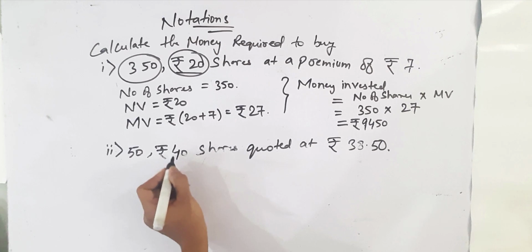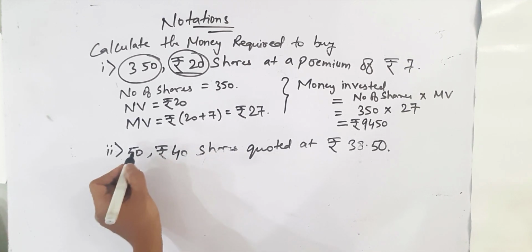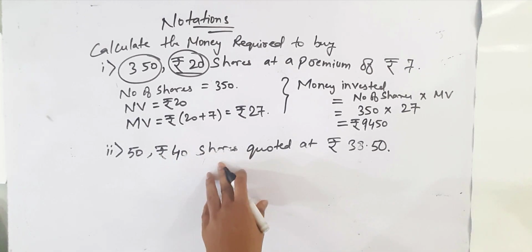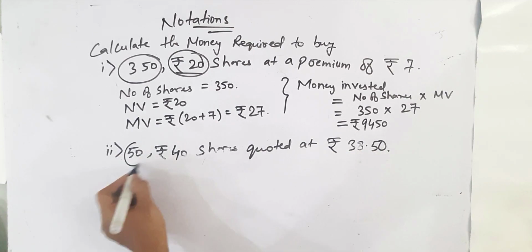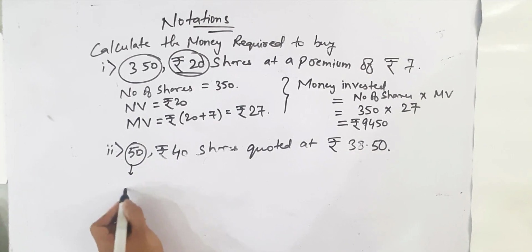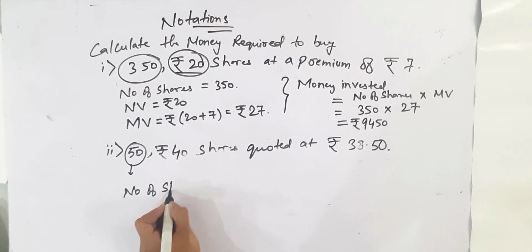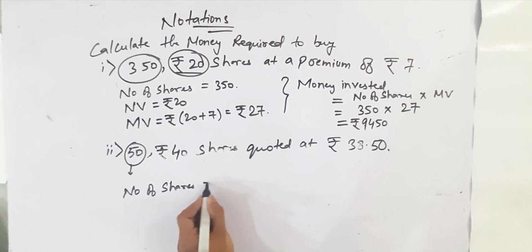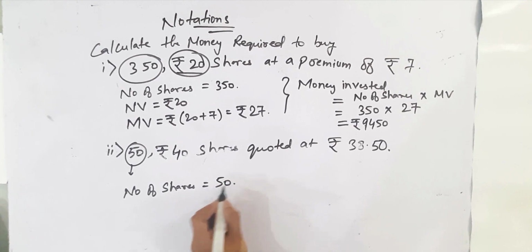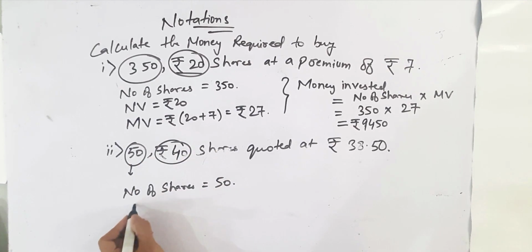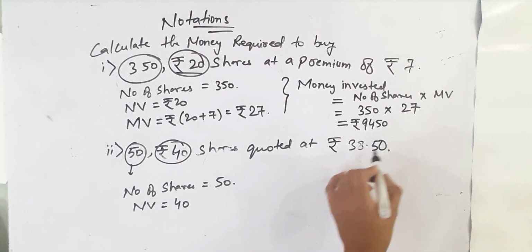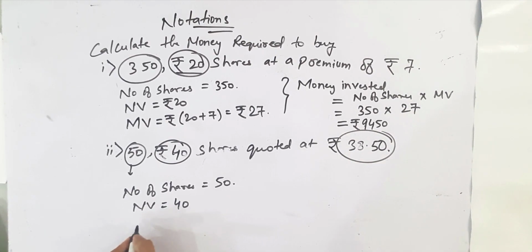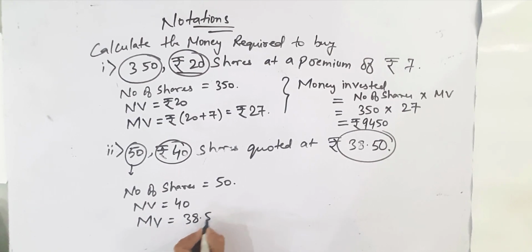Now come to the next question. Here 50 rupees 40 shares quoted at 38.50. So again, 50 is the number of shares and the nominal value is 40. The share's nominal price is 40 and it is quoted at 38.50, meaning the market value is 38.50.